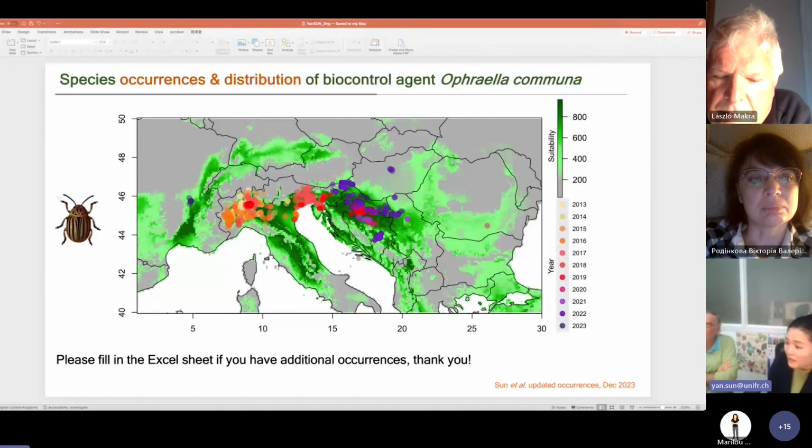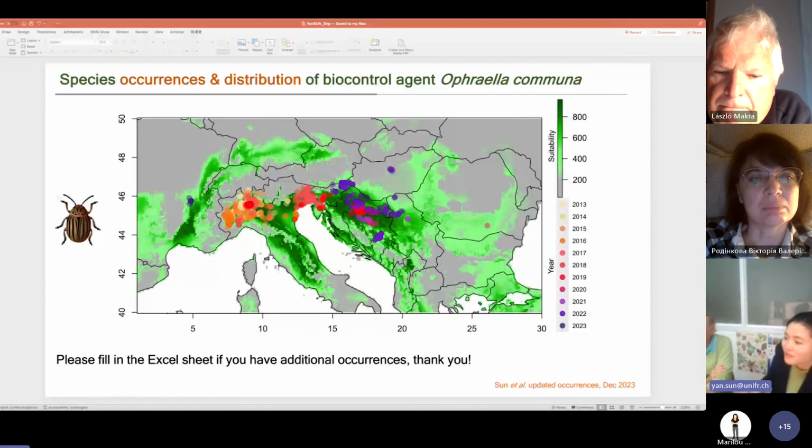The dynamic is another thing we continue studying. Once Ophraella controlled the ragweed population, usually it's completely eliminated, but only for that year. Then Ophraella have no food and they cannot overwinter. Next year, Ophraella disappeared.